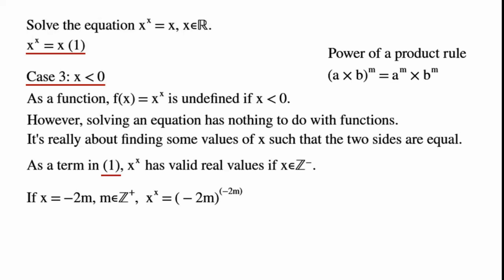Power of a product rule: (a times b) to the power of m equals a to the power of m times b to the power of m.